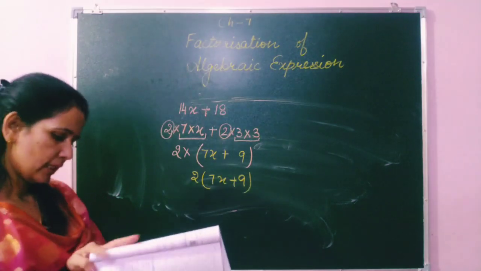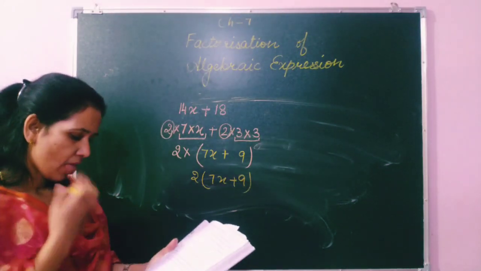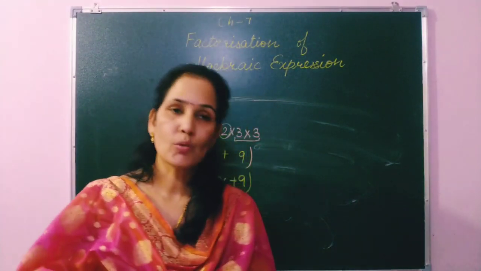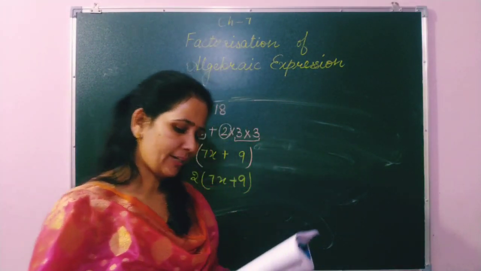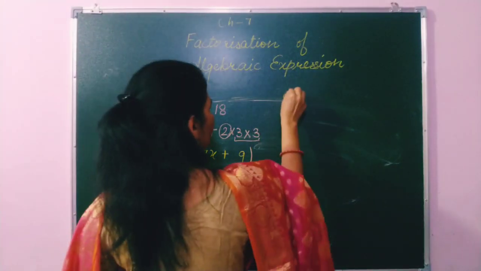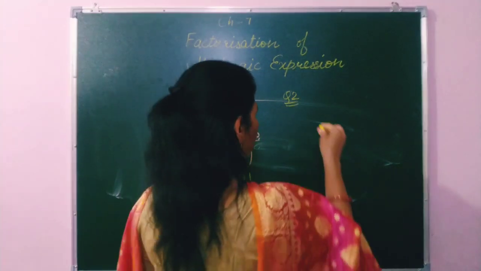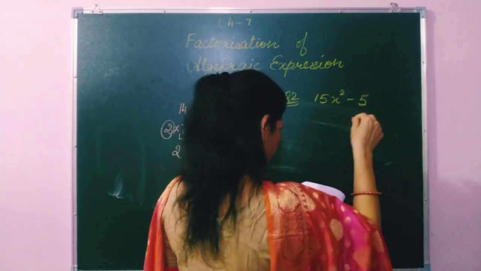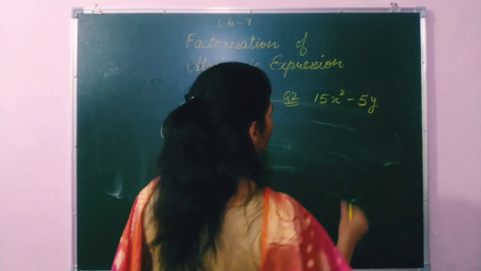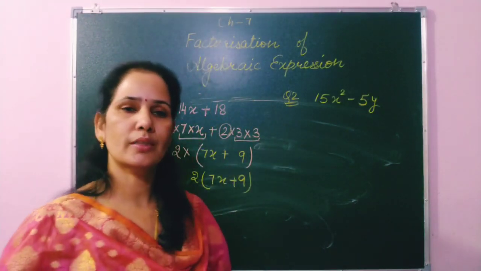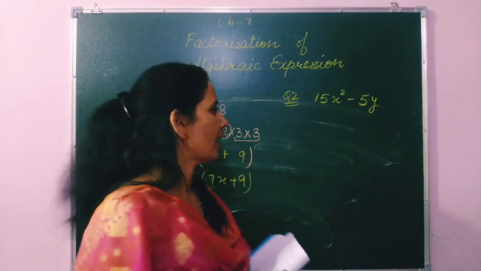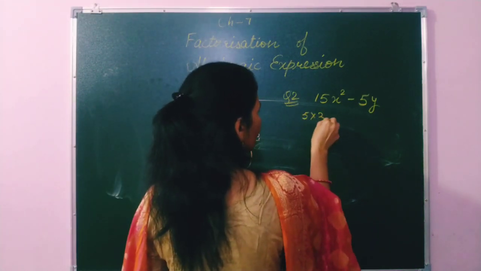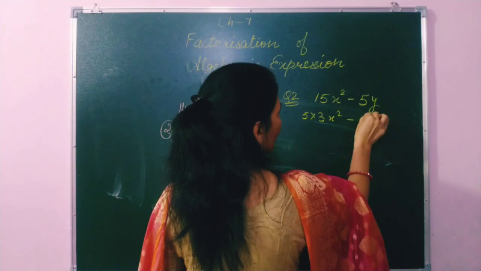Okay, students, I'll take one more example. I'm taking a question from your exercise. First question, 12x. I'm going to solve its second question, that is 15x square minus 5y. So students, as we observe, in both terms, 15's factor is 3 times 5, and 3x square minus 5y.